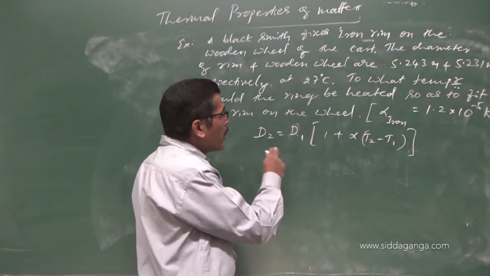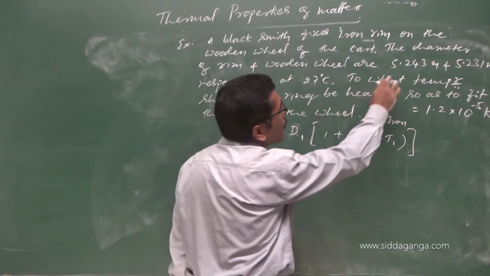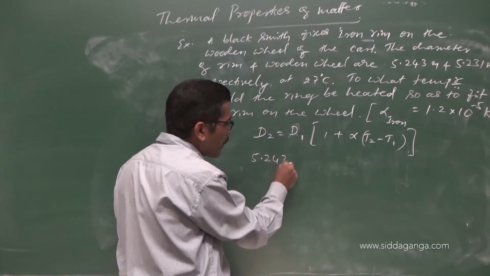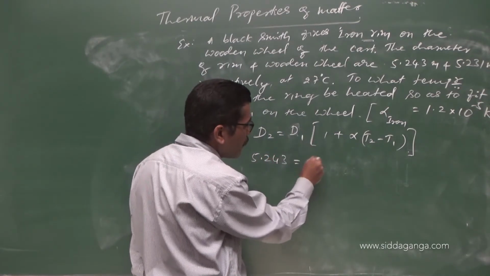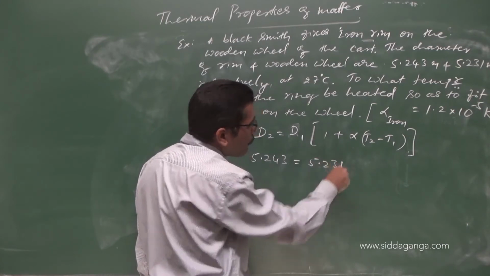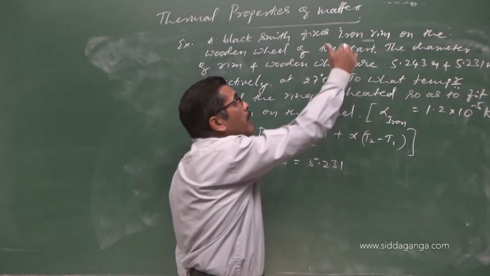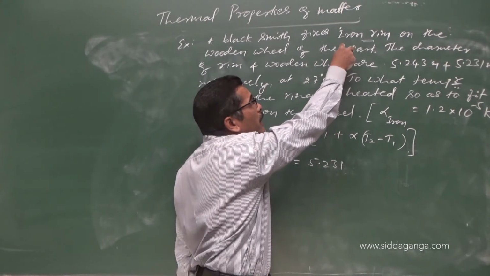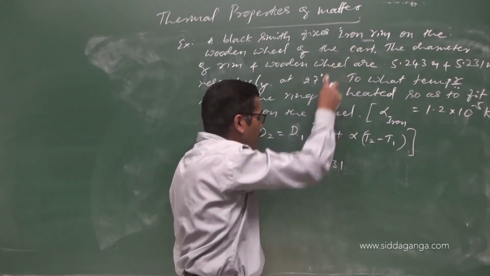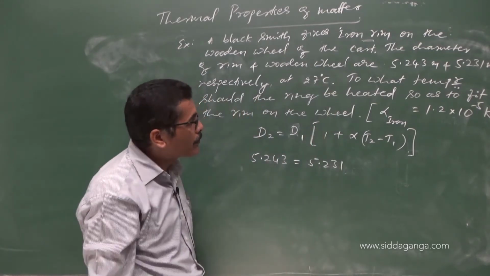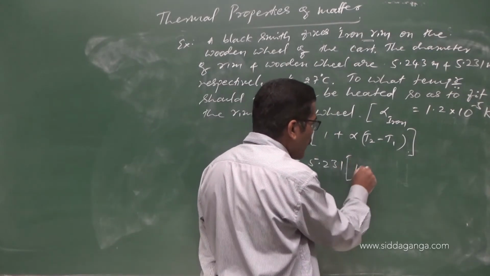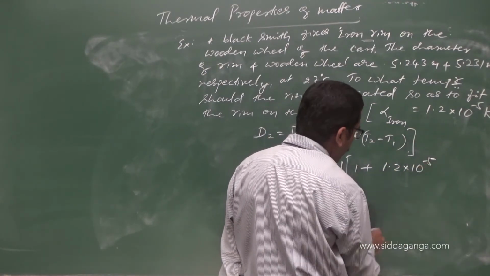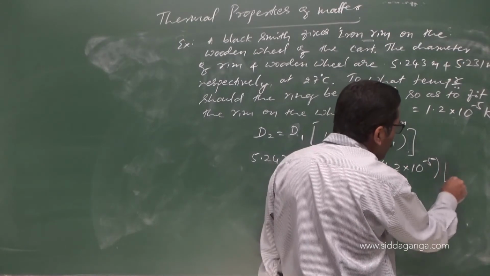Therefore you must take D2 as 5.243 meter. D1, the initial one, is 5.231. If you want to fit the iron rim to the cart wheel, the iron rim should acquire the diameter of the wheel. That's why I have taken this. 1 plus alpha, which is 1.2 into 10 raised to minus 5, and T2 is not known.